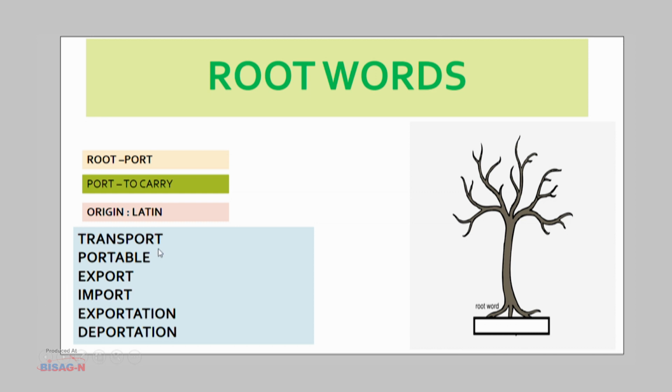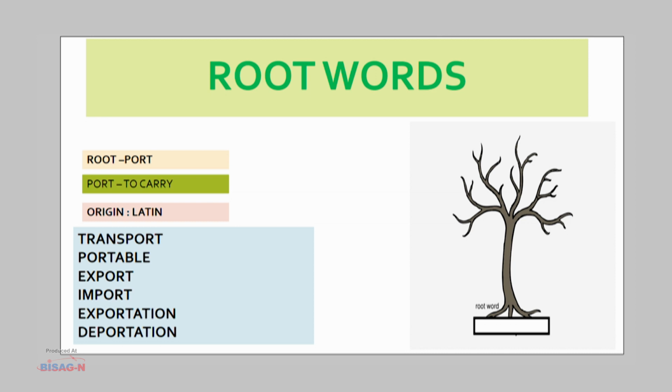Obviously, the meaning is to carry the goods from one place to another. Next is portable. Portable means something which is very easy to carry. For example, a mobile phone is a portable device. Why? Because you can easily carry it from one place to another.